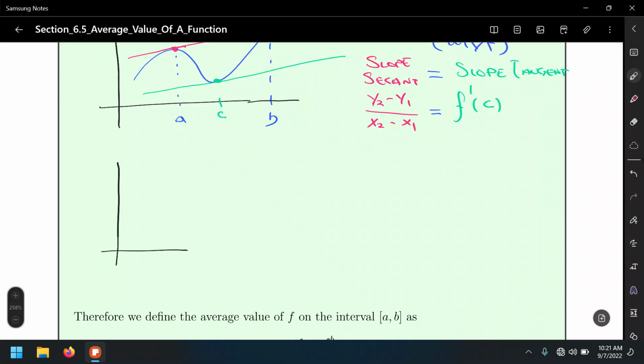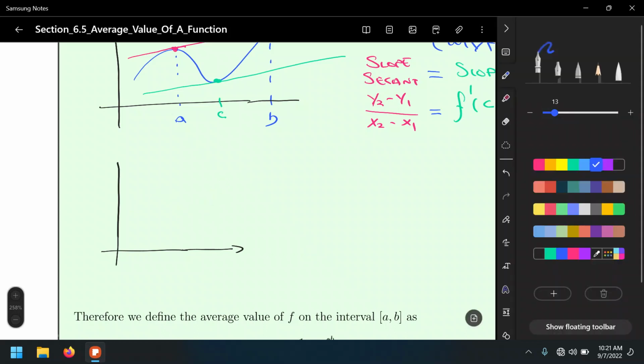And in this case, if we consider some f of x again between a and b, all right, let me change this so that it makes more sense, and b, and in this case, what are we going to have?